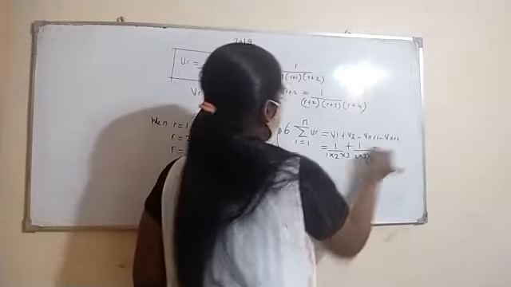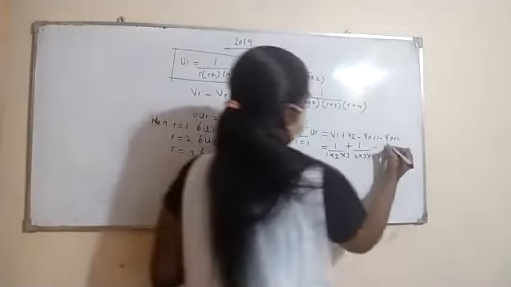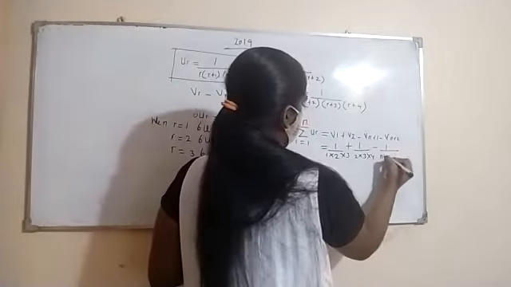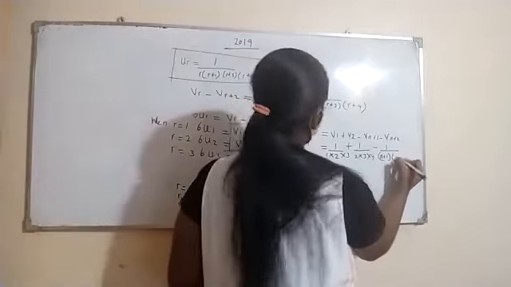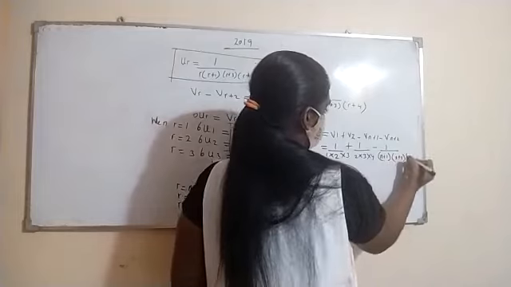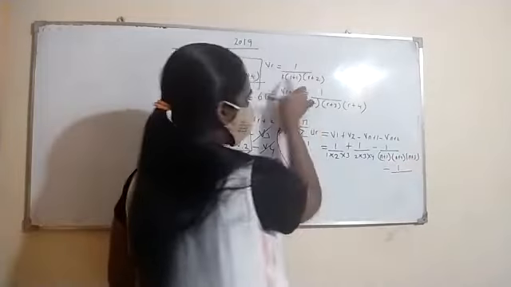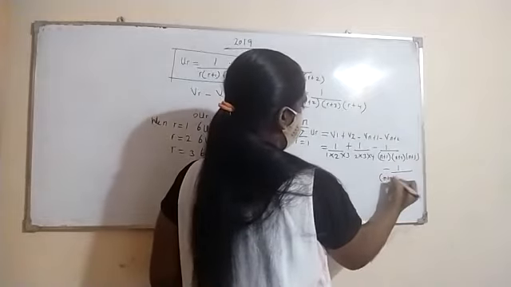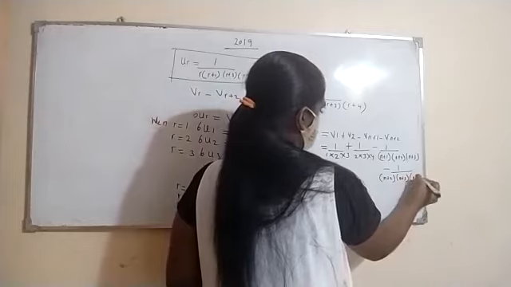For N plus 1, in the place of R, I am going to put N plus 1. If I put N plus 1 here, what do I get? N plus 2 into N plus 3, minus 1 over N plus 2 into N plus 3 into N plus 4.